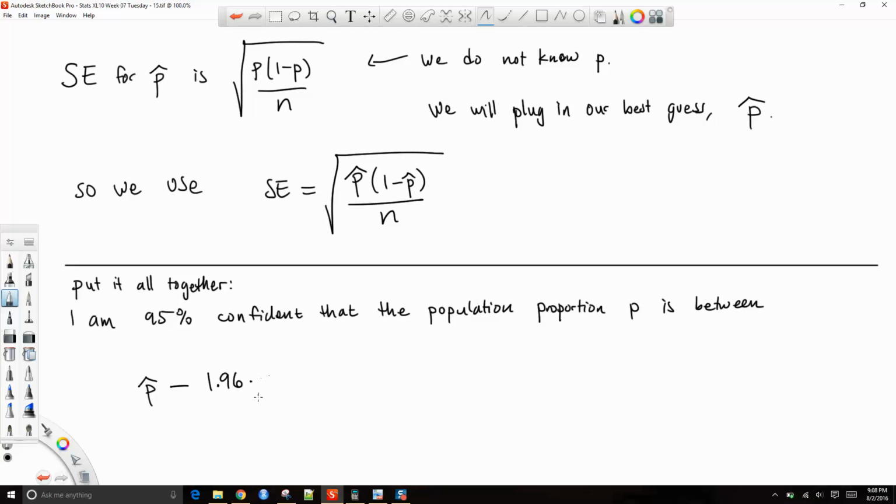Each standard error is going to be the square root of p hat times 1 minus p hat over n. It's going to be between p hat minus this and p hat plus 1.96 times that.